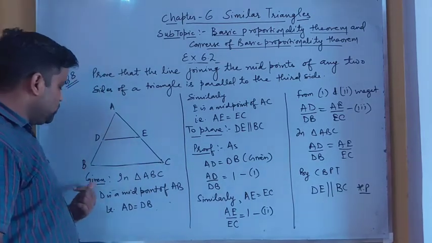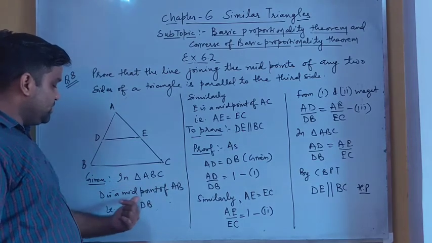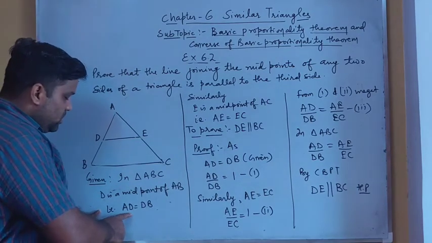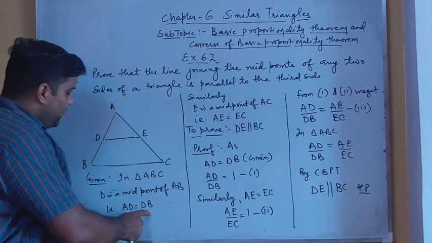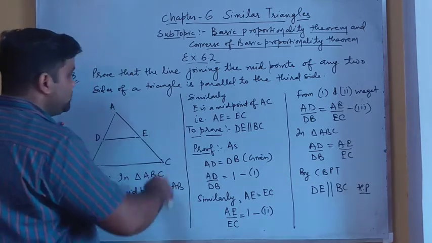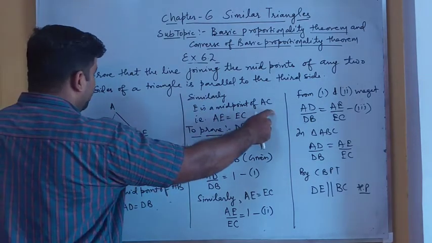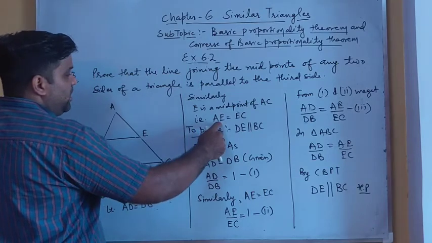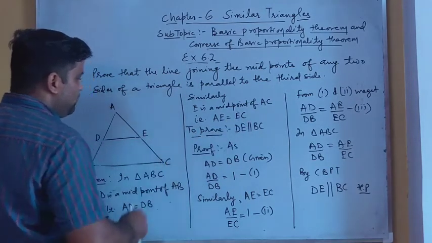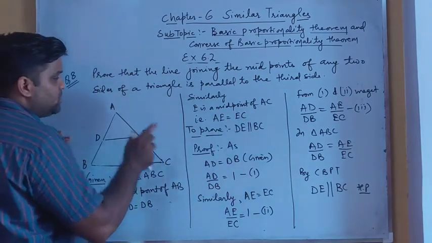So let us come to the solution. In given we write in triangle ABC, D is the midpoint of AB such that AD is equal to DB. Similarly E is the midpoint of AC, that is AE equal to EC. Now we have to prove DE is parallel to BC.